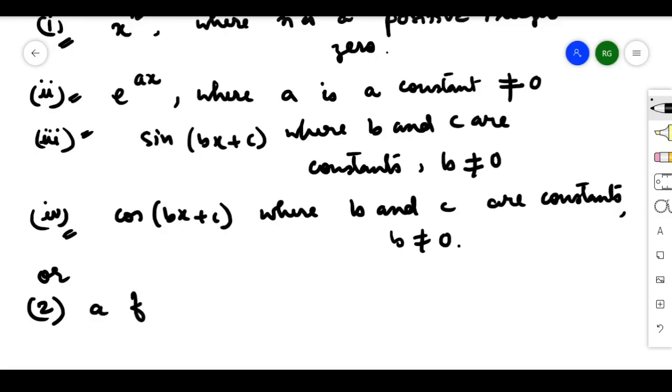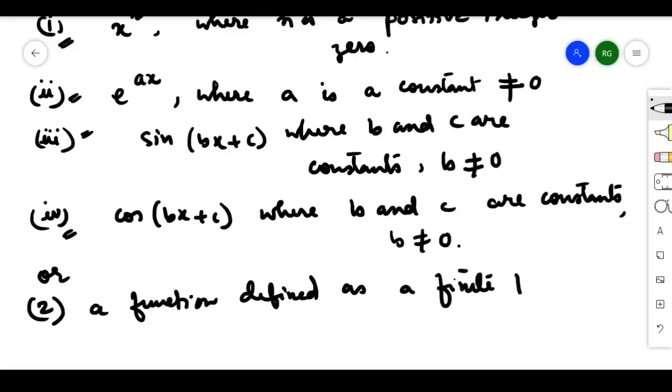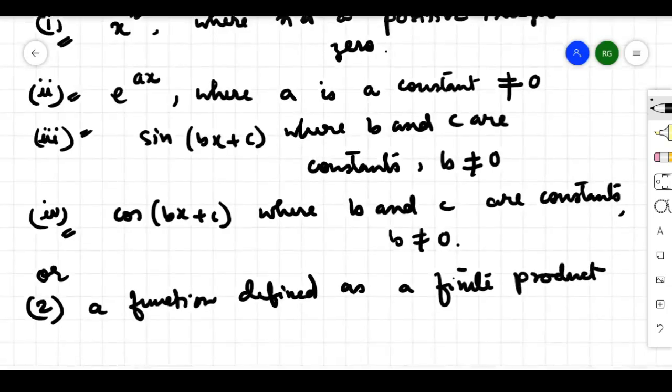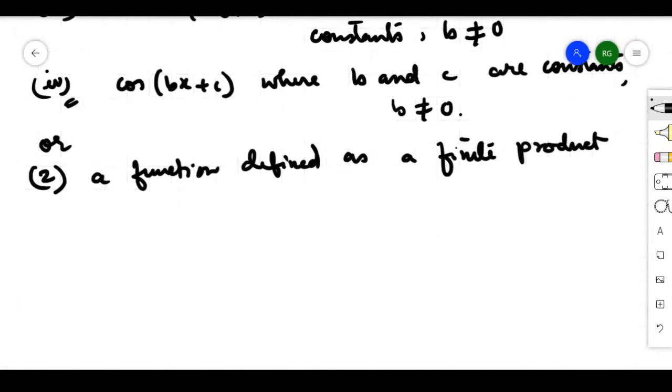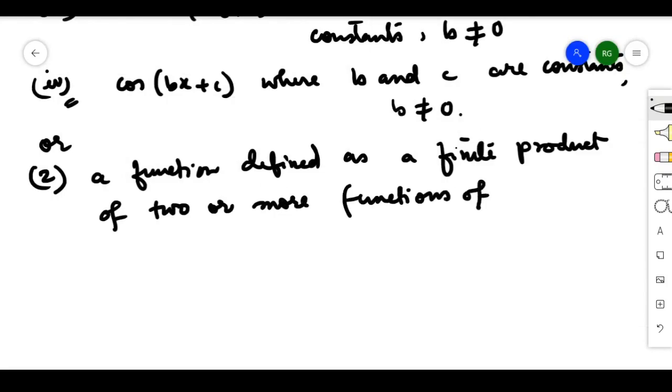So a function defined as a finite product of 2 or more functions of these 4 types.